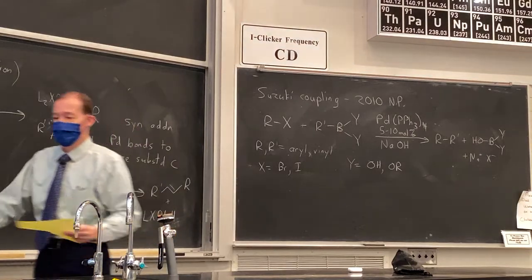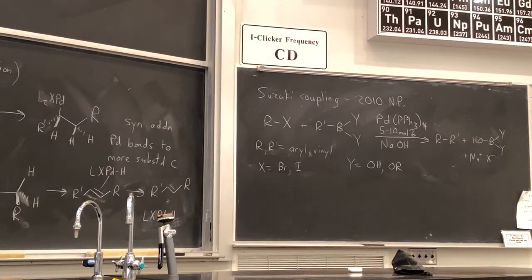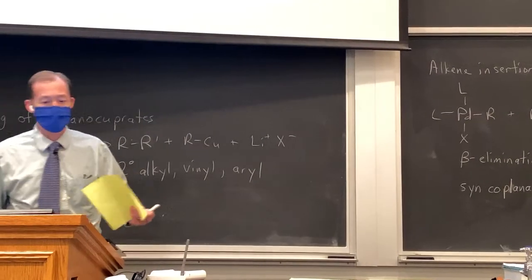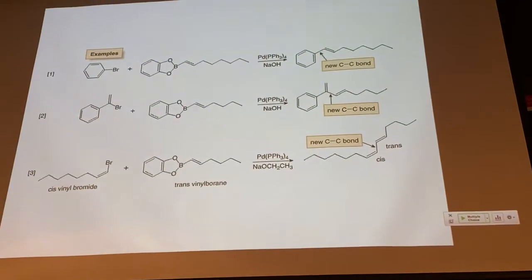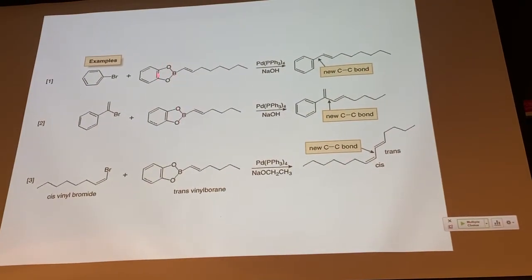So first, let's look at some of the products that you can obtain from a Suzuki coupling. Here are some examples. Here are some examples of the boranes that you see with these ethers. This ortho-hydroxyphenol species would be called catechol. This is a catechol boronate.